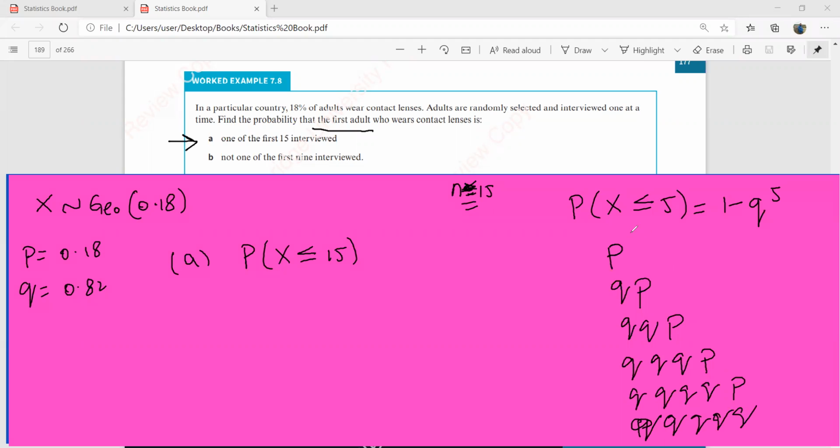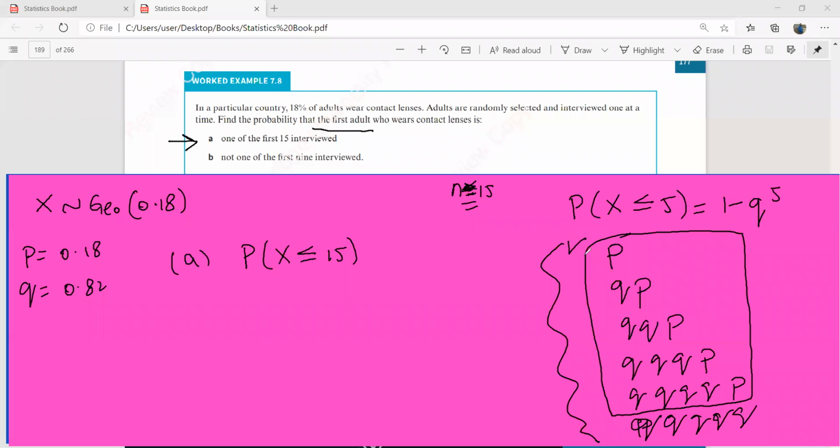These are the cases where the student is passing in one of the 5 cases, while the sum of all of them is 1. So we need to find this probability. The simpler way is to find 1 minus q raised to power 5. Do you agree with me or not?